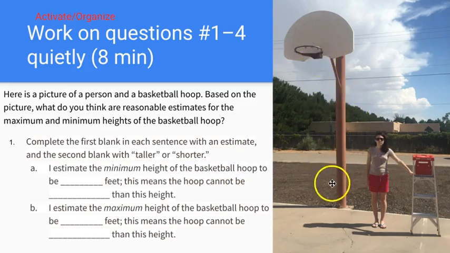It looks like they are significantly shorter than the basketball rim. There's lots of things you could put in here, right? The minimum height has got to be much more than she is. So I'm going to say that the minimum height is going to be 7 feet, and it can't be lower than this height, right? Or shorter.